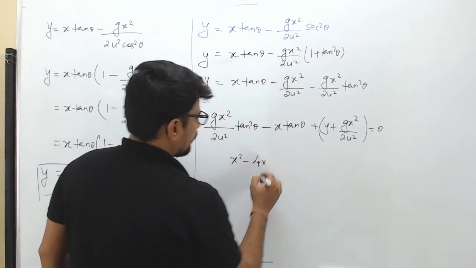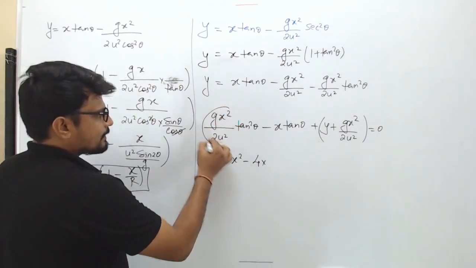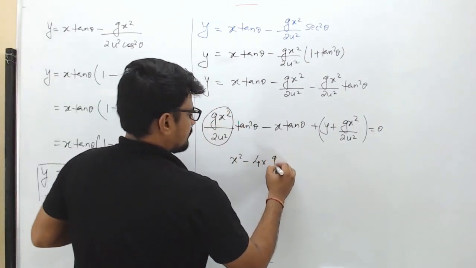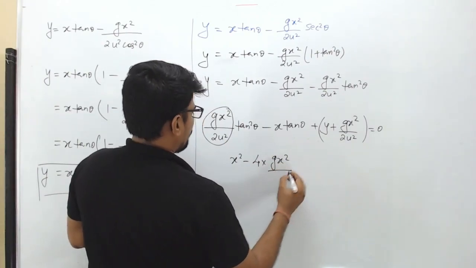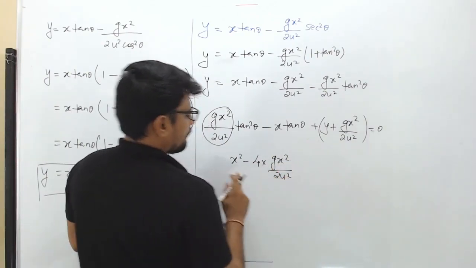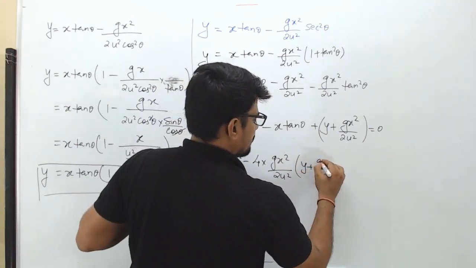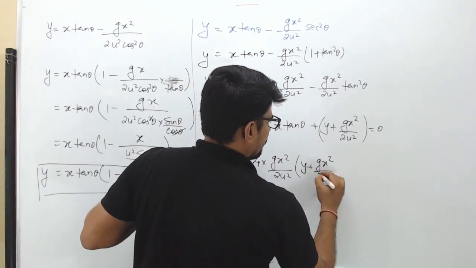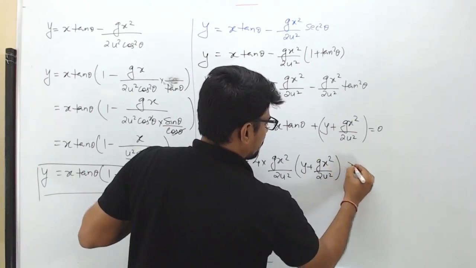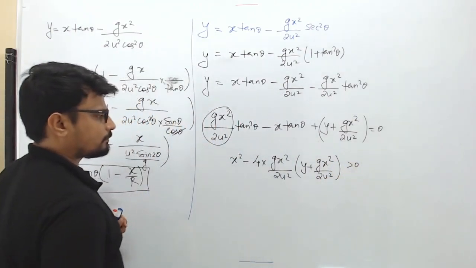What is b? b is x. A is this part, gx square upon 2u square. What is c? C is going to be y plus gx square upon 2u square. That should be more than or equal to 0.